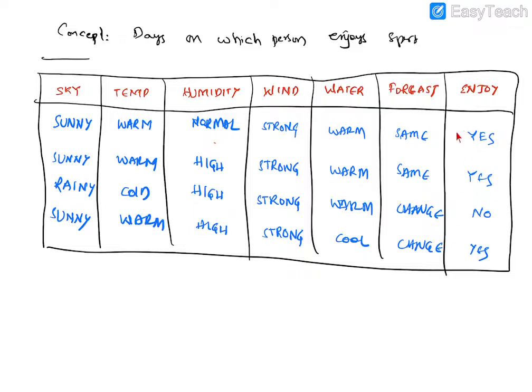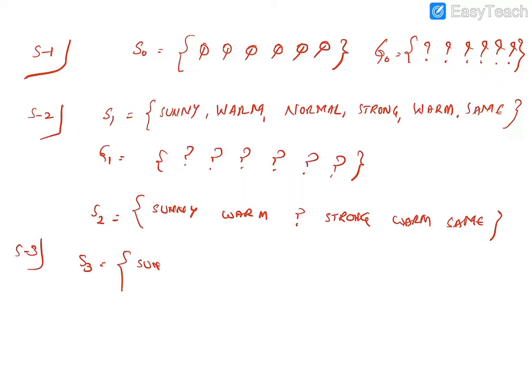If it is positive, we need to change the specific boundary, and if it is negative, we need to change the general boundary. So here, as it is, whatever data S2 has will be written here: sunny, warm, question mark, strong, warm, same.